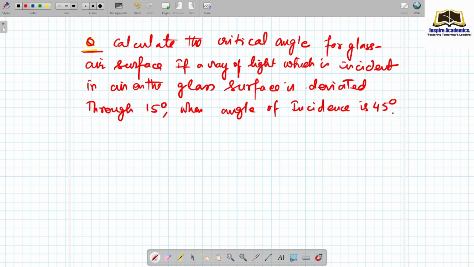Okay, calculate the critical angle for glass air surface if a ray of light which is incident in the air on the glass surface is deviated through 15° when the angle of incidence is this.